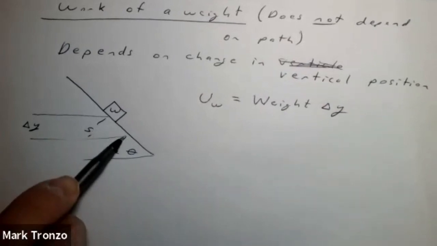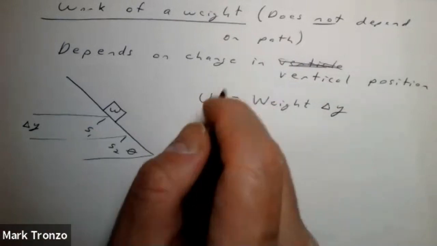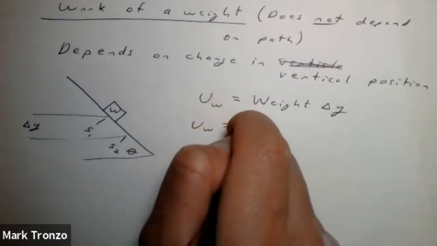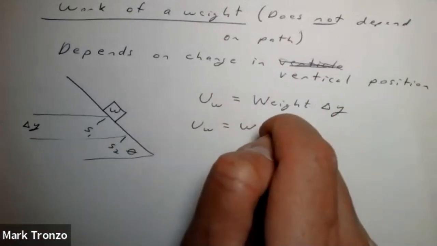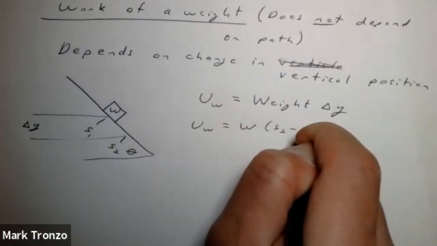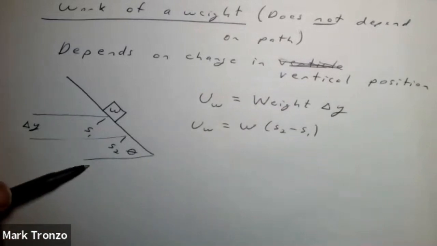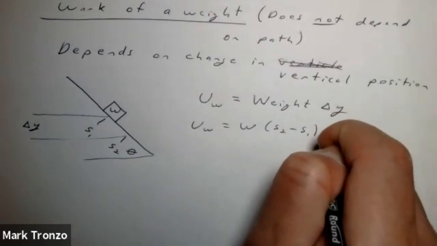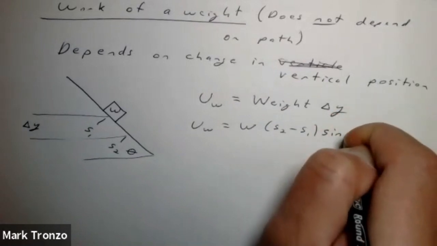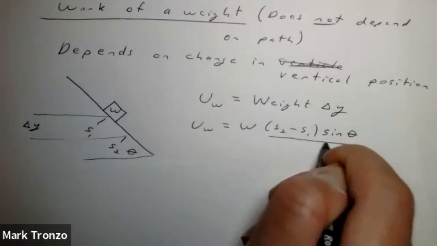Now, in this case over here, to find the vertical change, it looks like it's going to be S2 minus S1, and if we wanted this direction, that would be cosine. So this one must be sine. Sine of theta like this. So that would be the change.